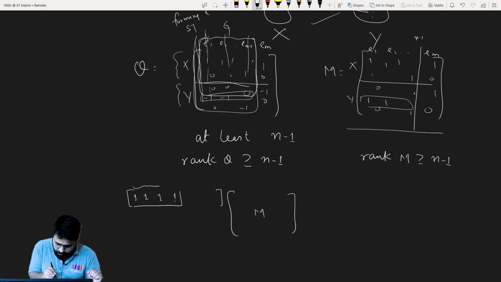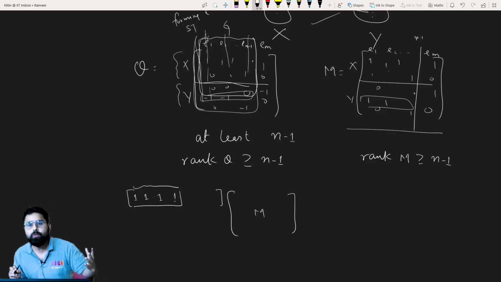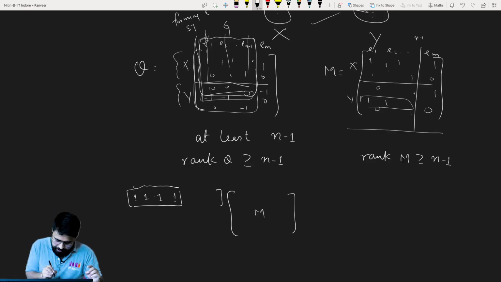This corresponds to the vertices which belong to x, so this is the number of vertices in x. Till then it is 1, 1, 1, and otherwise it is -1, -1, up to the size of y.